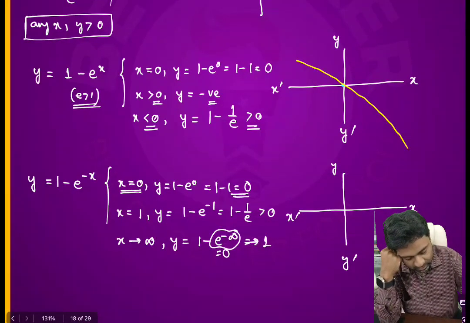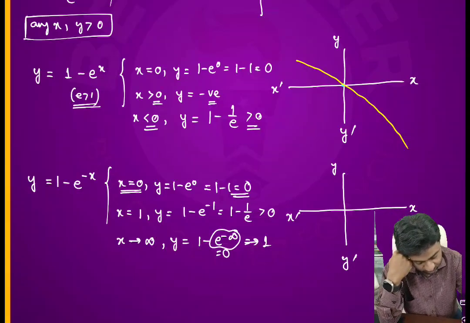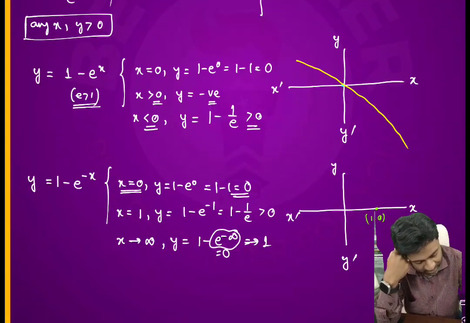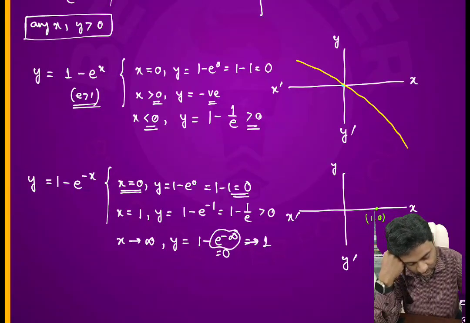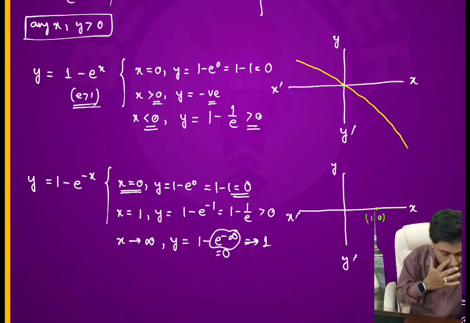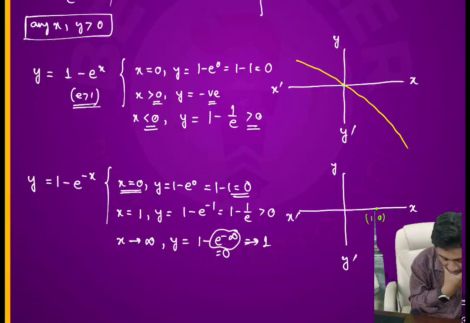So this is x, this is y prime, this is x prime. Now look at the shape of the graph. It passes through again 0, 0 point. As x is 1, y has the value 0. So let's plot out this point. This is 1, 0. And when x tends to infinity, the graph is 1. The graph appears to have the value of 1.